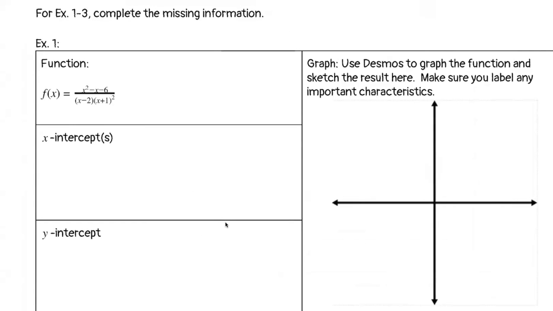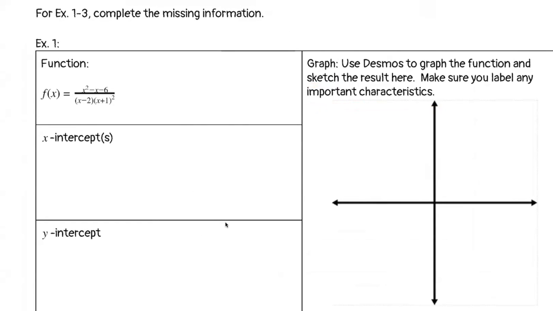But before we do that, one of the things I noticed is sometimes when I ask people to sketch graphs, it looks very much like you copied it straight from Desmos or a different graphing app. And that's not the purpose of this, right? If I'm saying sketch the results and make sure you have important characteristics, those are the ones that we want to make sure we have labeled.